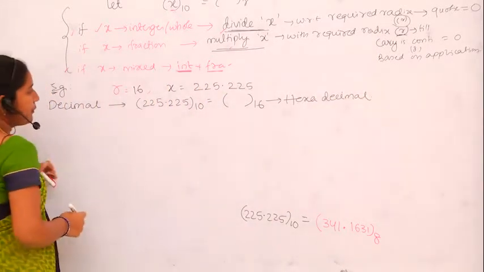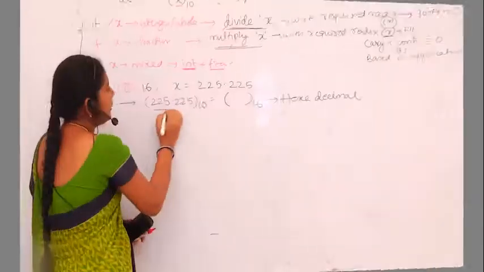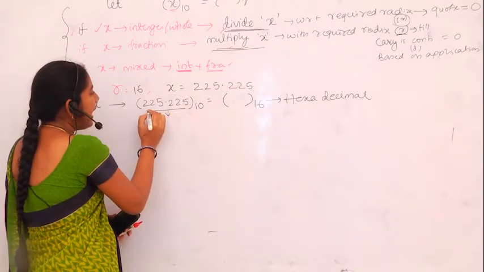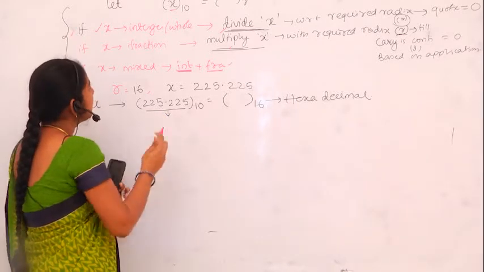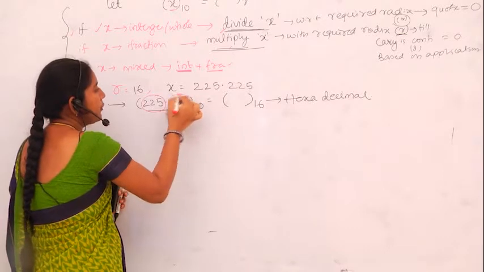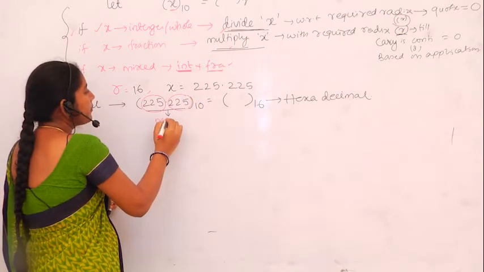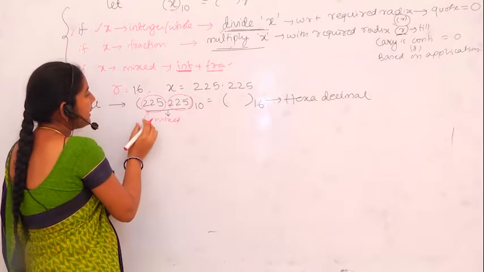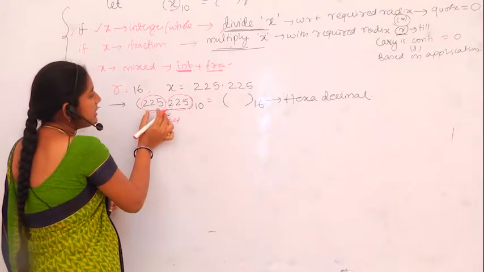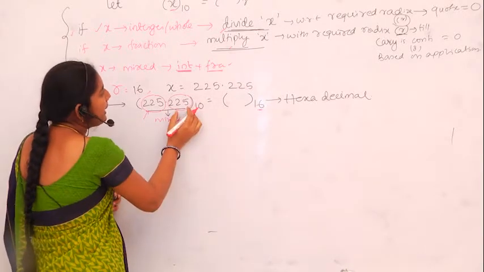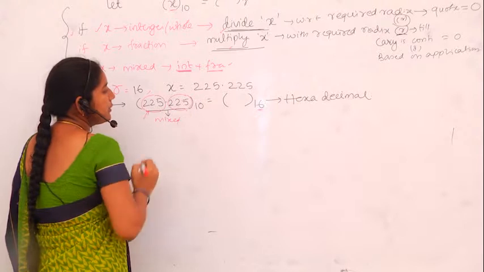Fine. Now this number is a mixed number having integer part and fraction part. So do the integer part separately, means divide this integer part with this radix, and do the multiplication for this fraction part.